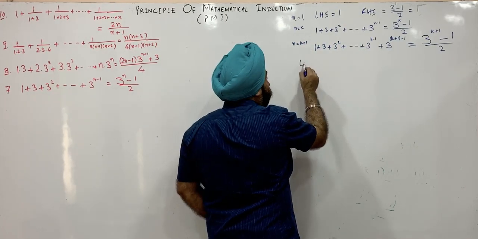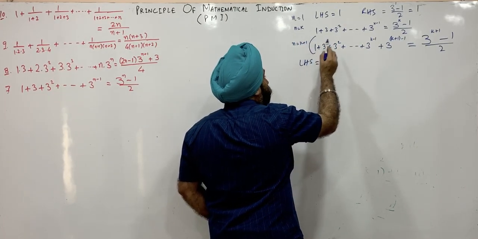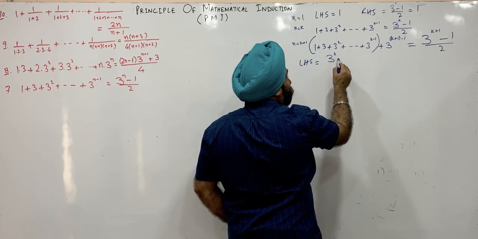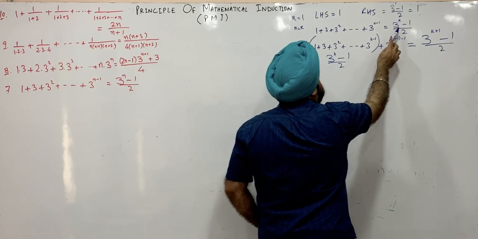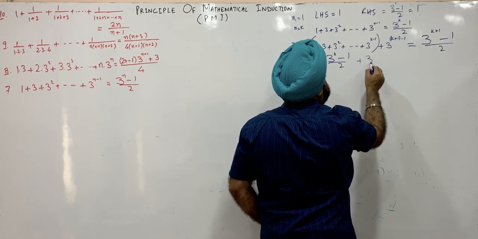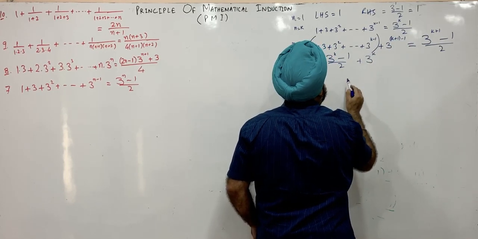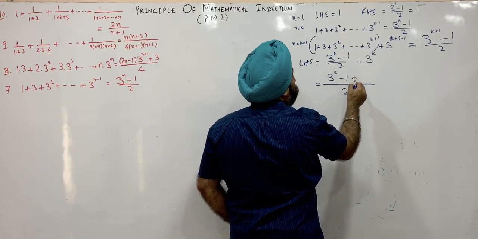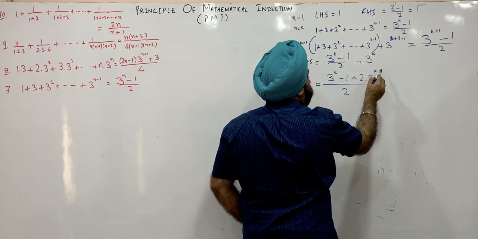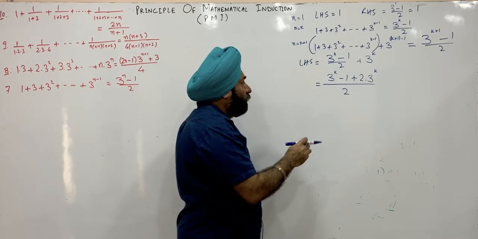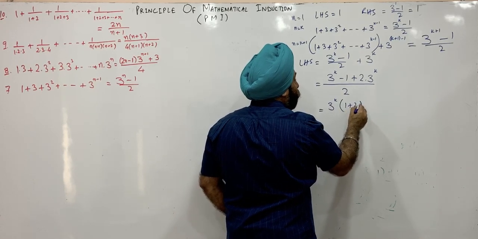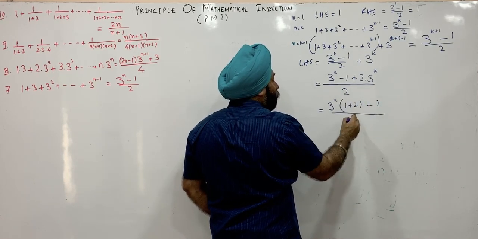We start from left hand side, the sum of first k terms, that is assumed in the second step. This is 3 raised per k minus 1 by 2, plus this is 3 raised per k. We take LCM, this is 2 into 3 raised per k. Then from this and this we take 3 raised per k common, it's 1 plus 2 minus 1 by 2.